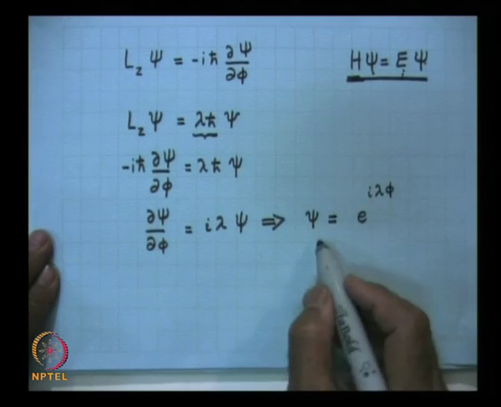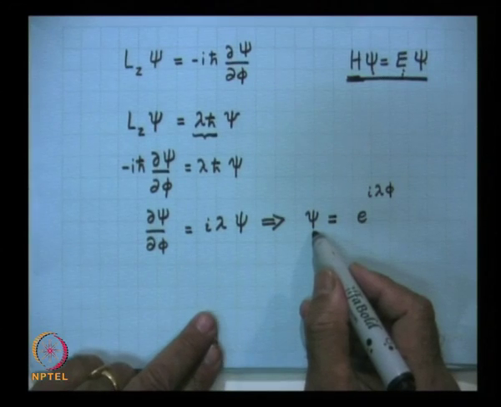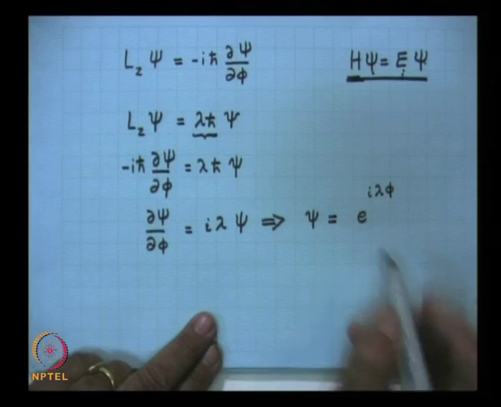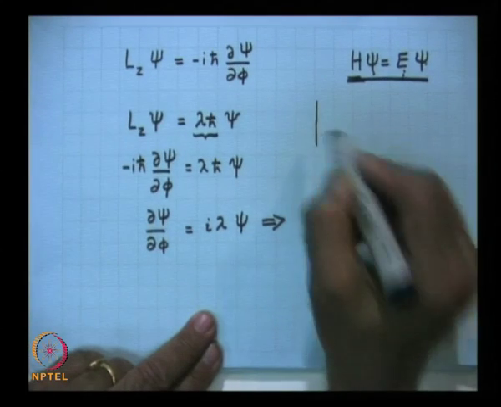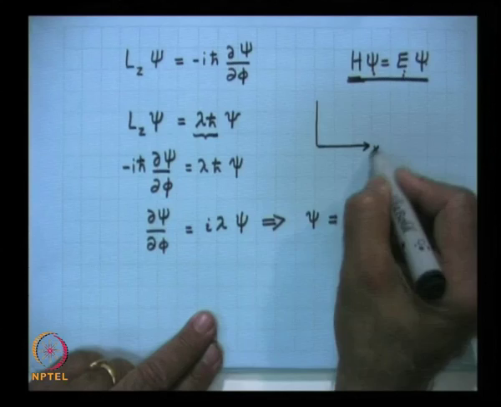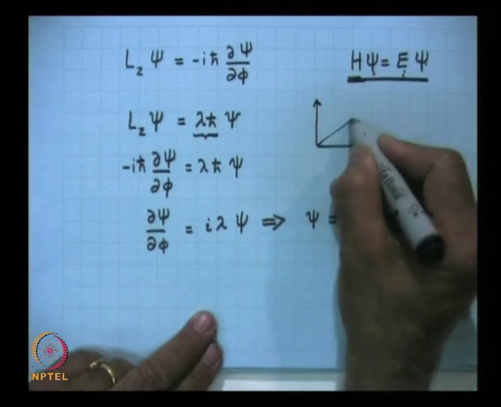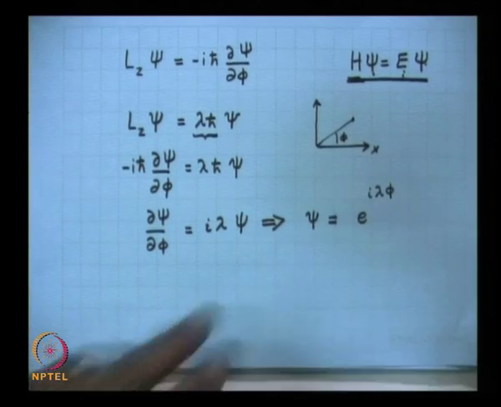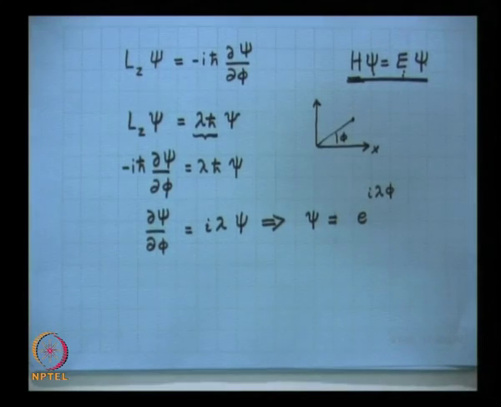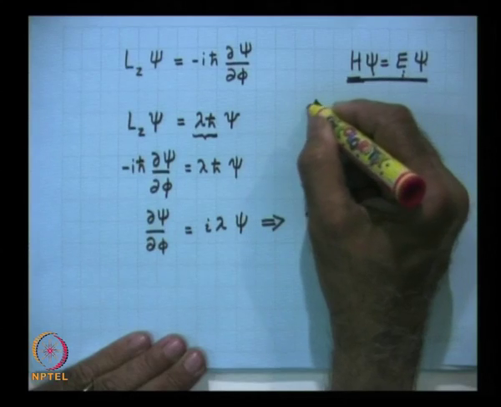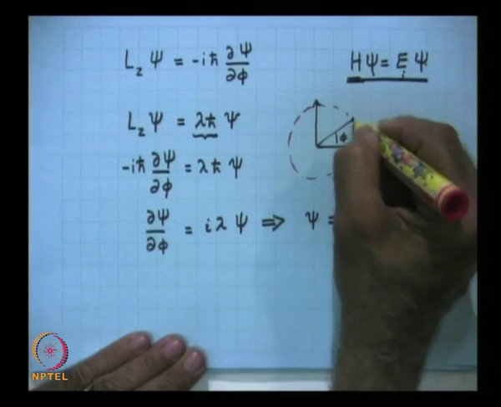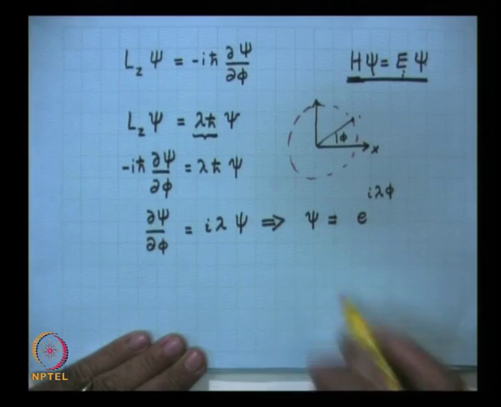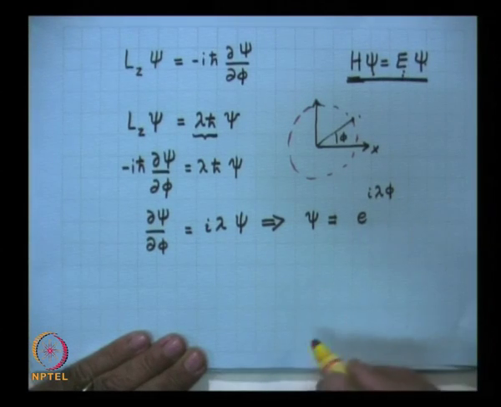Now, any wave function has to be well behaved, has to be single valued. That is, on the xy plane, please see, this is the angle phi. If I go around the origin and I make phi to phi plus 2 pi, I arrive at the same point, and the wave function must have the same value.